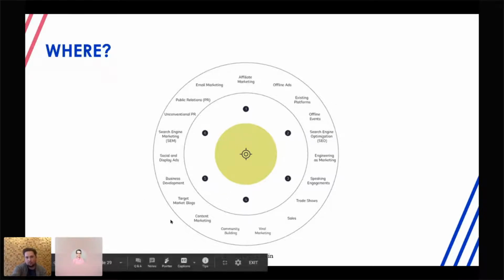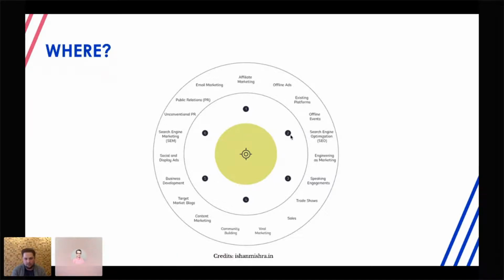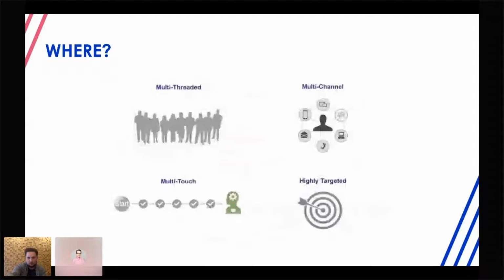Here, basically, you have all the marketing channels you can use, and you pick six of them and test them one by one, figuring out what can generate additional growth for me.